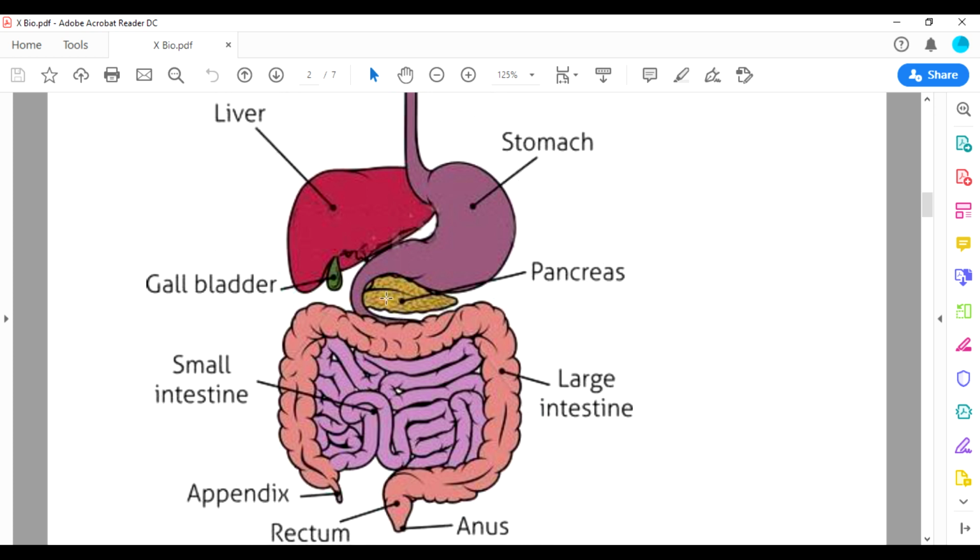Liver and pancreas both open in the duodenum through a common duct called the hepatopancreatic duct. So these are the three accessory glands.